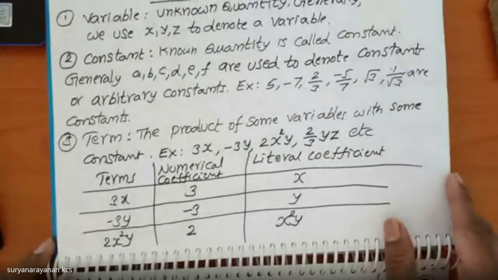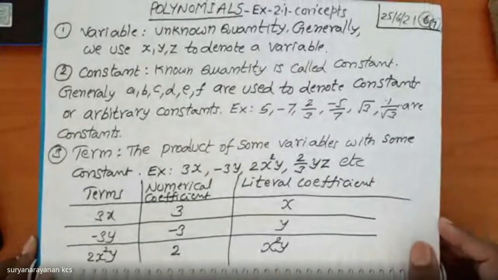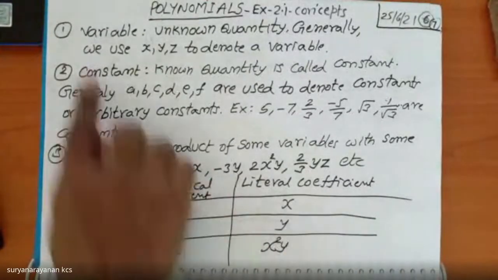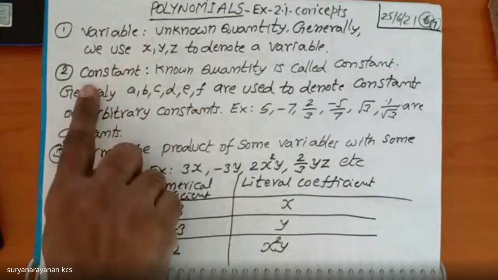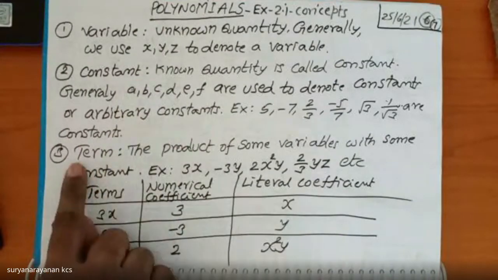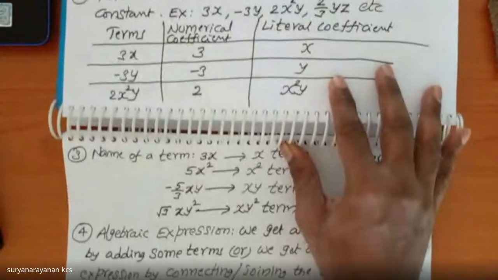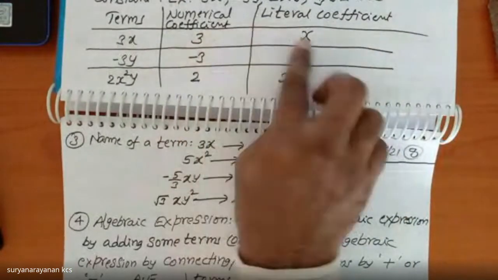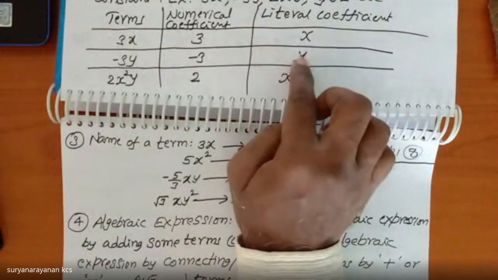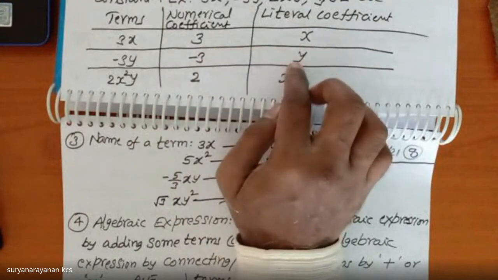See, here again I am showing these points to recollect: what is meant by a variable, a constant, a term, and what is the coefficient, literal coefficient and numerical coefficient of a term. I explained these points in the previous class.